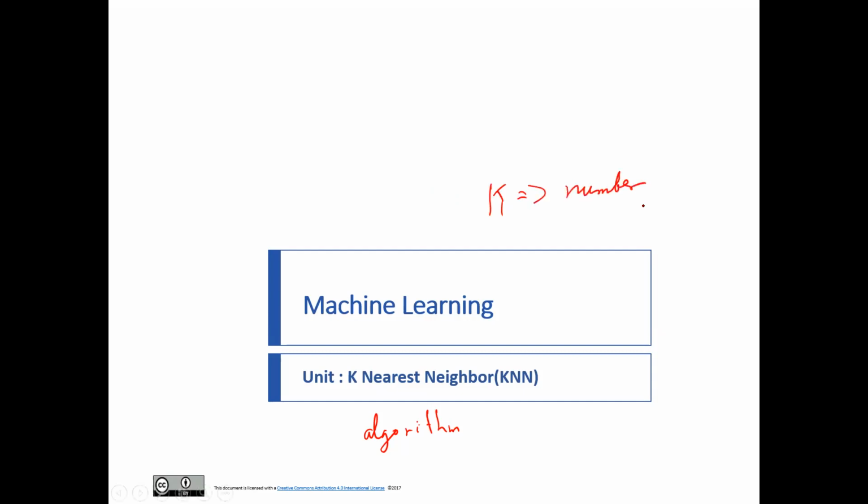And usually it's an uneven number, right? So 3 or 5, not really more than that. So it's usually either 3 or 5. And you'll see, it's an important parameter because this algorithm is about comparing a test sample against all the other samples in the train set, right? So that's really basically the idea.